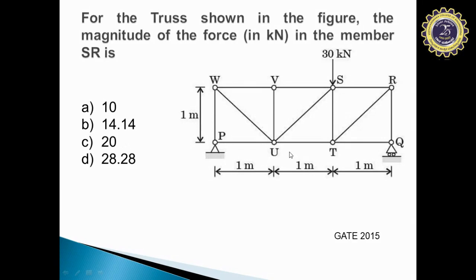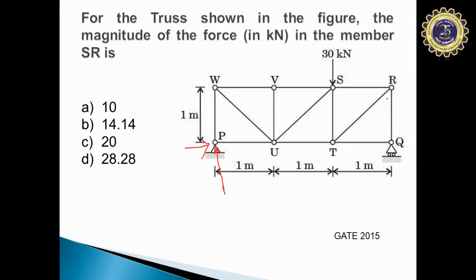Now coming to this particular question, you can make use of either method of joints or method of sections. Let us say if we make use of method of joints, first you need to find the support reactions that might be at P as well as at Q. So at P you will have two reactions, one is horizontal and the other is a vertical reaction.